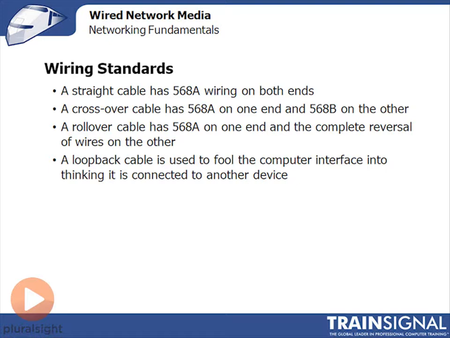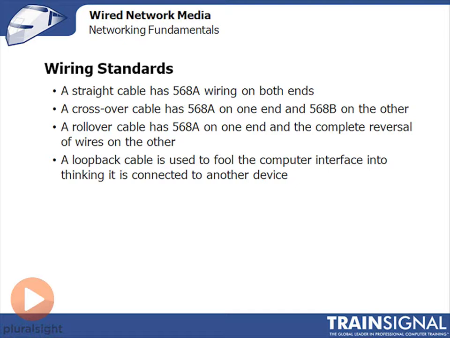And the reason you use the straight cable is because the network device knows that it's typically connected to a computer, and it understands which wires data will be transmitted on and which wires data will be received on. And that's really what this is all about, by the way. If you haven't figured it out, it's those green and orange wires that most of the data is transmitted and received on.